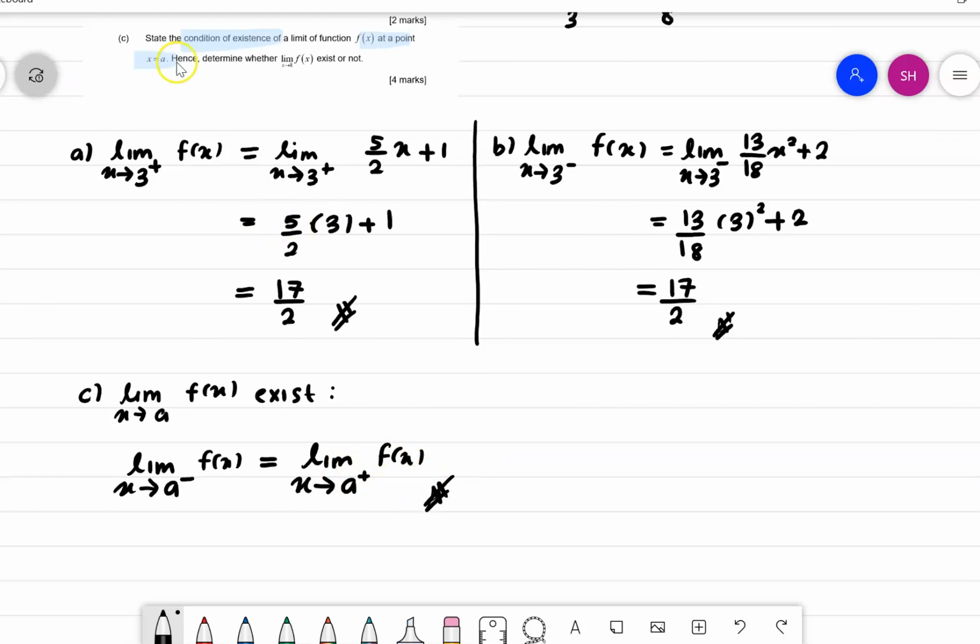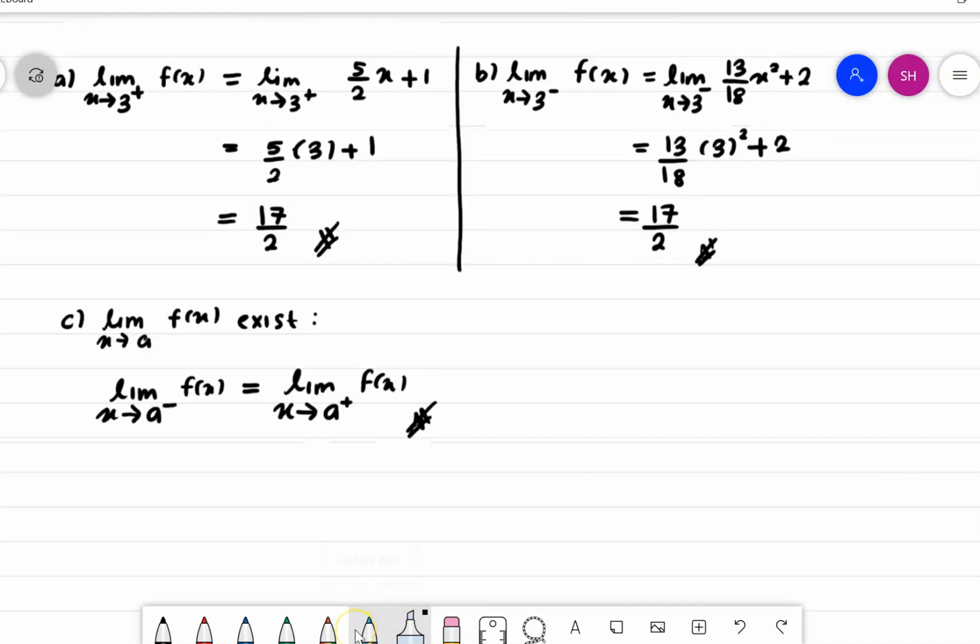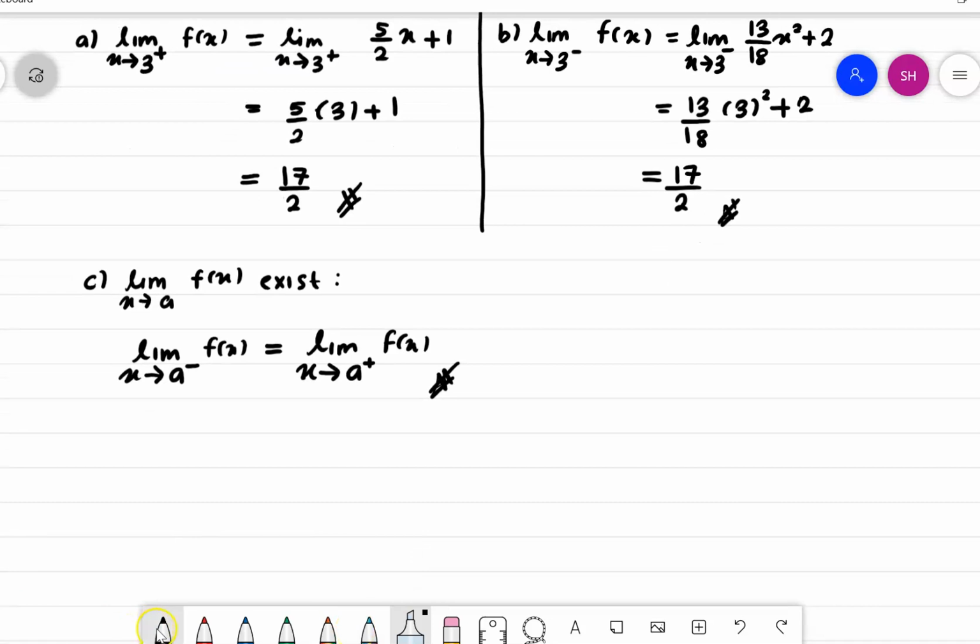Okay, next is hence determine whether limit of f(x) as x approach a exists or not. So we need to make sure limit of x approach a from left must be equal to limit x approach a from right.